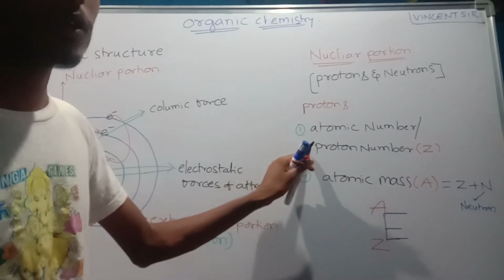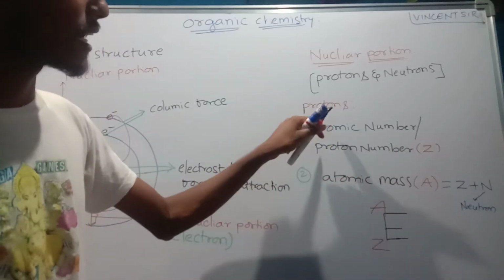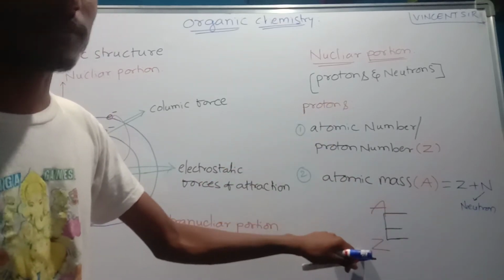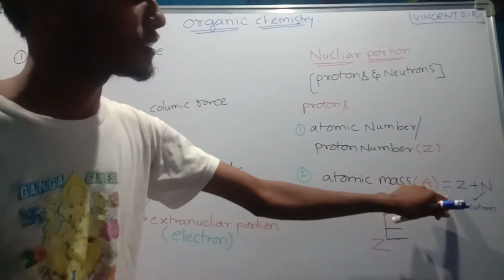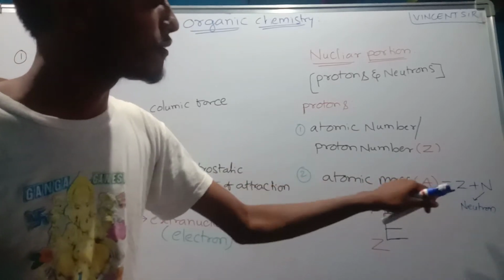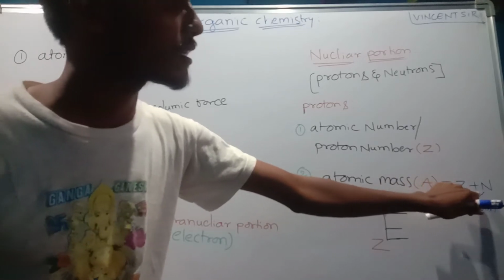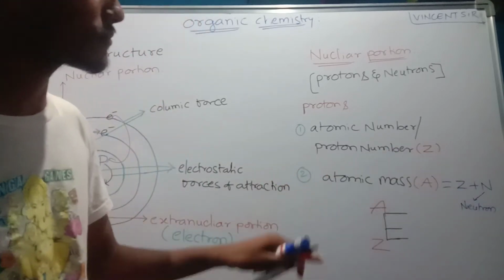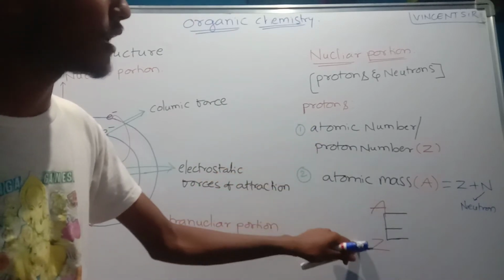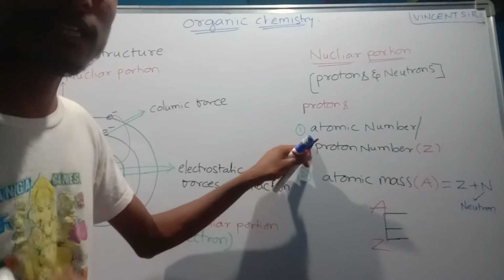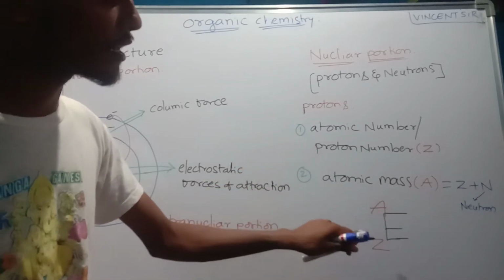The atomic number, or proton number, is represented by Z, written at the bottom of the element, and the atomic mass is represented as A, which equals the number of protons plus the number of neutrons. The atomic number is also known as the proton number, because how many protons are present in that element, we call it the proton number or atomic number.